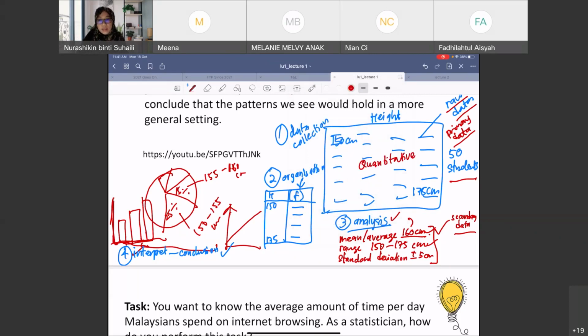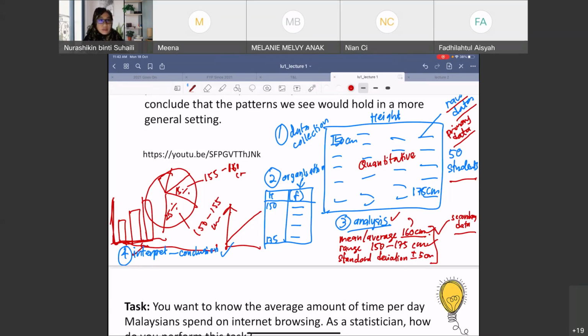When it is something related to features or characteristics, that is qualitative. Let me give you a simple example. For example, if you are analyzing the distribution of hair color of students.